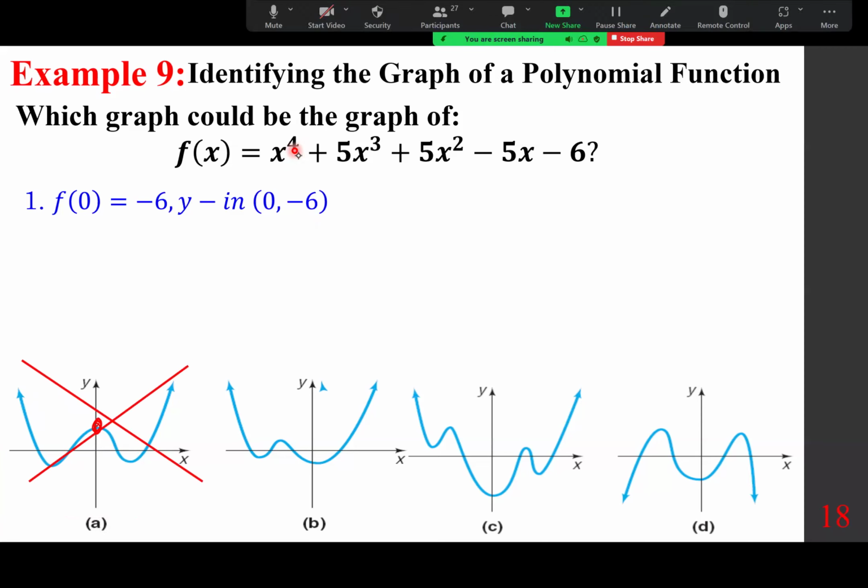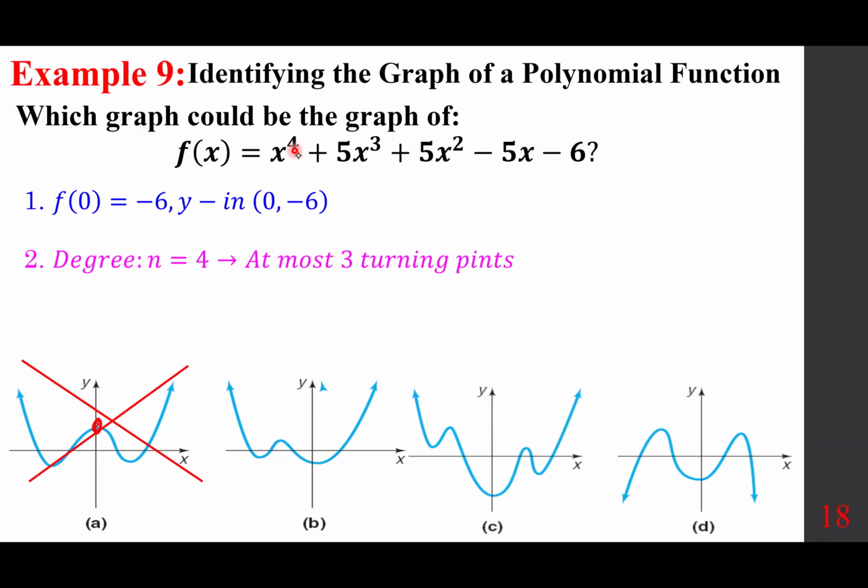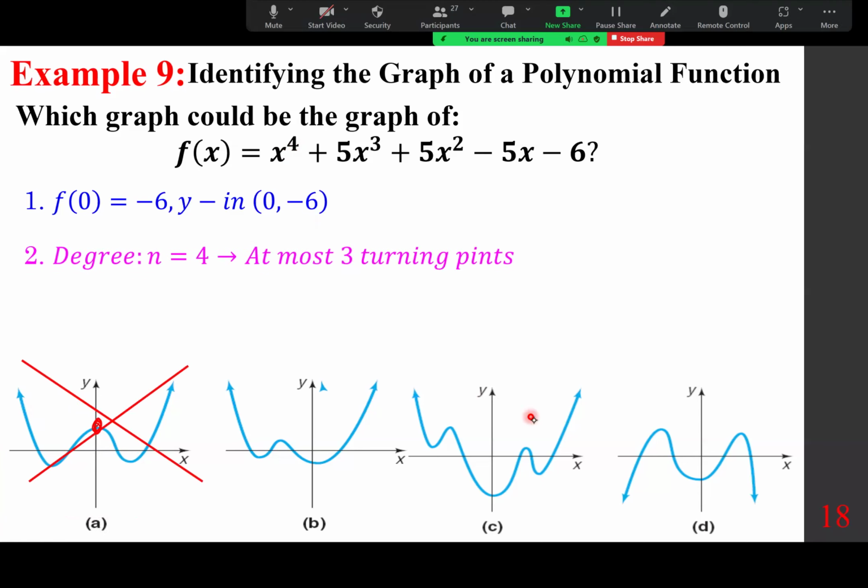You look at the degree is 4. If the degree is 4, we have to have maximum of n minus 1, 4 minus 1 turning points, 3 turning points. So clearly this guy is out. You have 1, 2, 3, 4, 5, too many turning points.